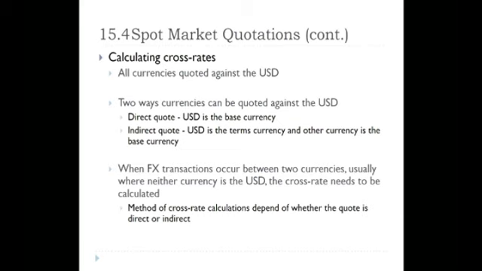Okay? So those currencies will all derive their quotation from their relative value against the US dollar. Okay? Because they will be popularly traded against the US, because everything is.